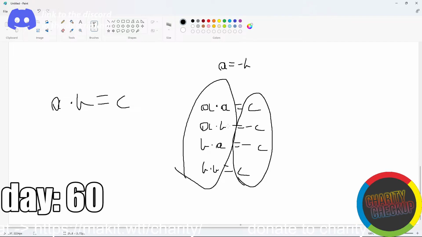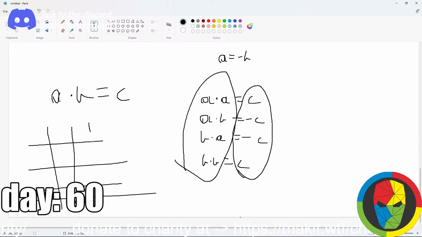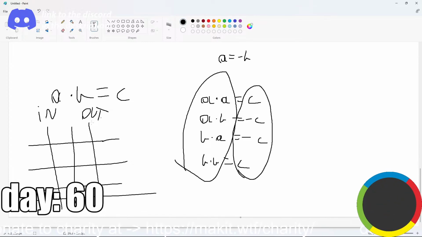So what we'll need is a way to save that information. Normally in computer science, it is possible to create different kinds of logic gates, some very powerful logic gates with two inputs, two outputs, which basically means that if this is an input, this is an output.